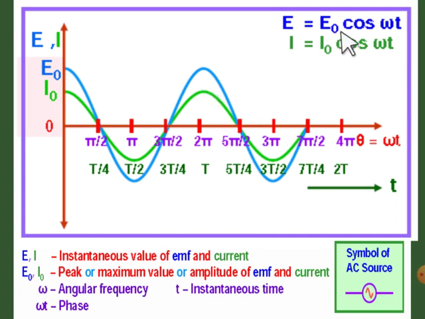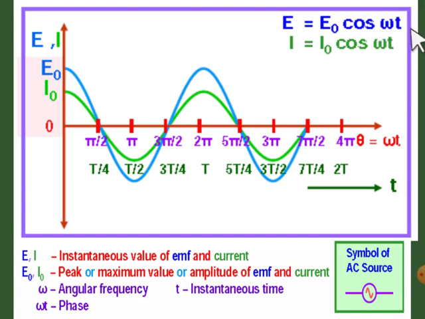Let's see. Same as in the previous one, omega t, or time, can be drawn along the x-axis, and the instantaneous EMF and instantaneous current will be drawn along the y-axis.